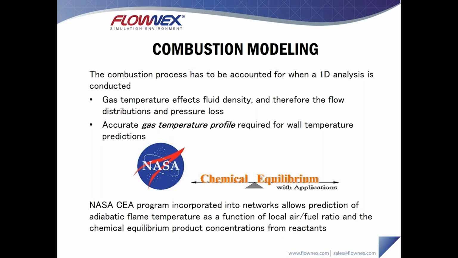So how Flownex handles the combustion modeling process is by linking to a NASA CEA program. This all happens in the background. The user isn't really aware of that, and it's not very difficult to set up, but what it's essentially doing, based on air-fuel ratio and the fuel composition, is calculating what the adiabatic flame temperature is and also the composition of your off gases as well.